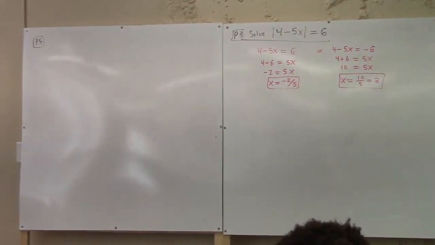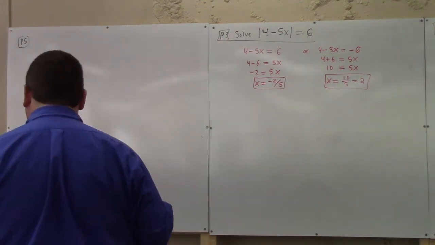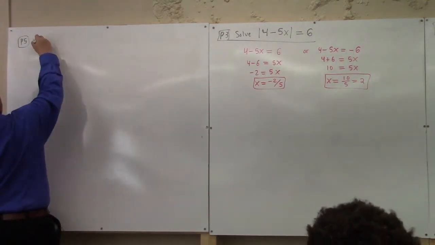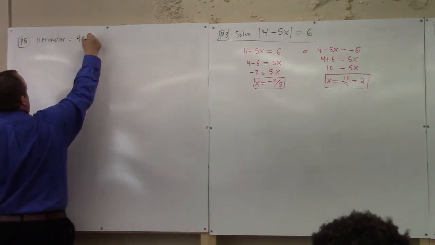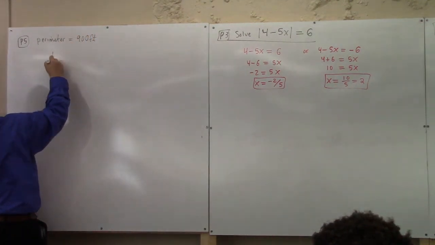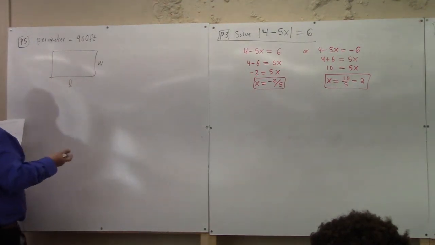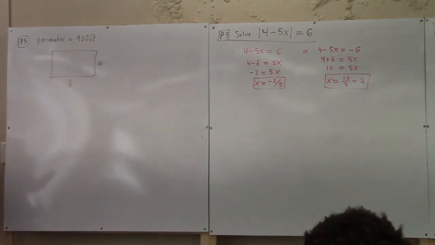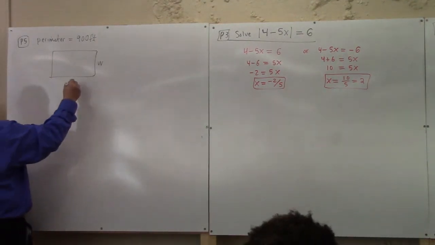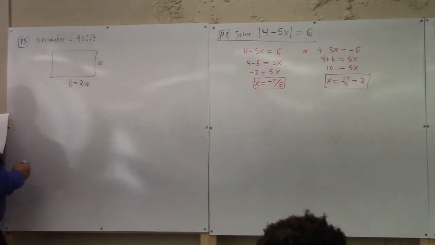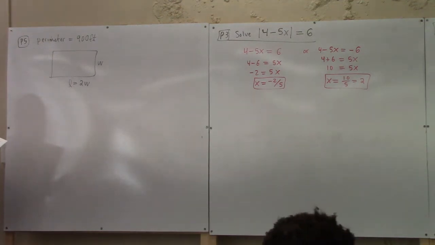And the field is a rectangle, and its length is twice the width. So the perimeter, 900 feet. And we need to draw a picture. So let's say this is the length, this is the width. We're told it's a rectangle, and we're also told that the length is twice the width. So we can say L is equal to 2 times W. Then the question is, find the length and the width of the field.